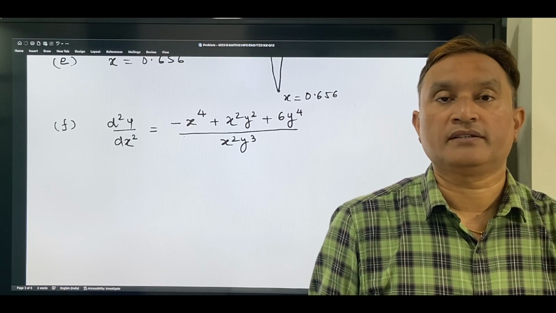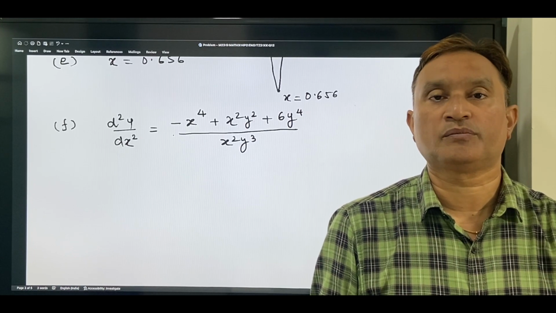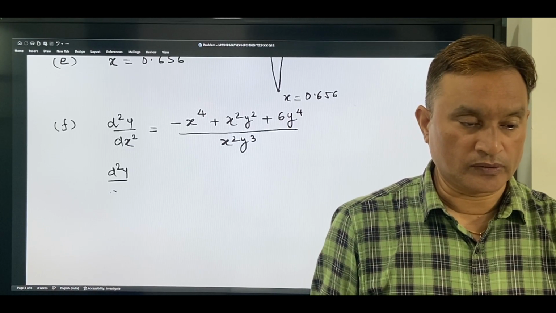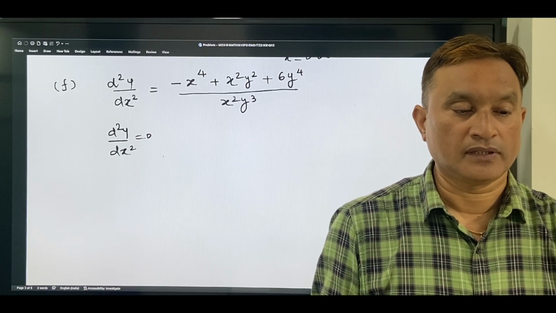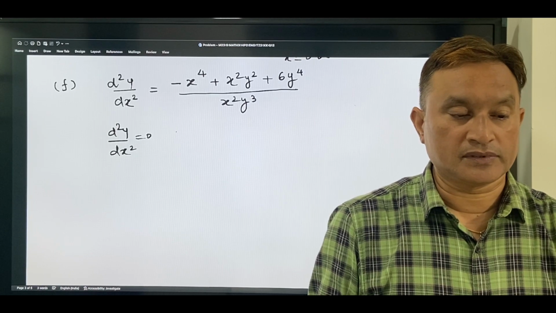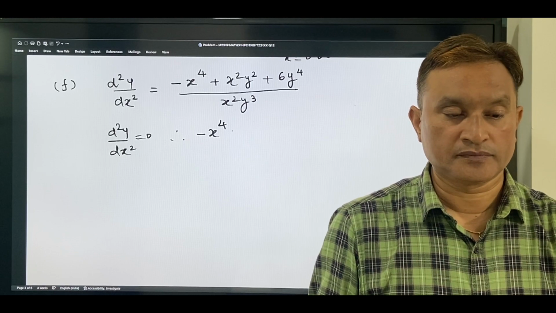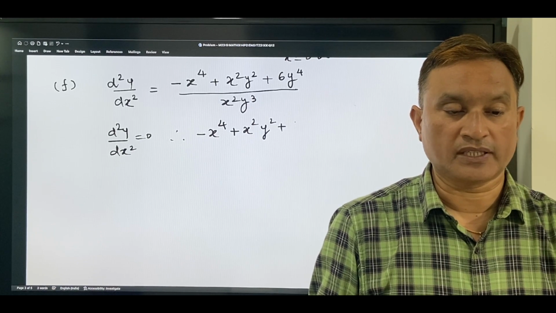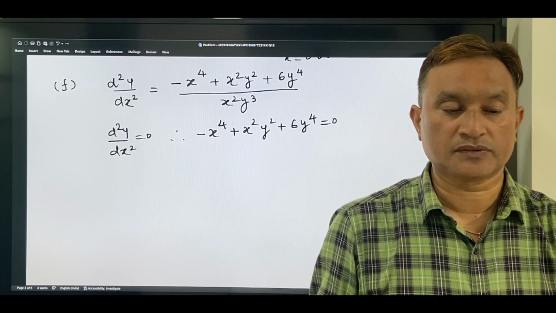As the P point is a point of inflection, hence second derivative would be 0. So d2y over dx square we will consider 0, and then therefore we can write here minus x power 4 plus x square y square plus 6y power 4 equals to 0.